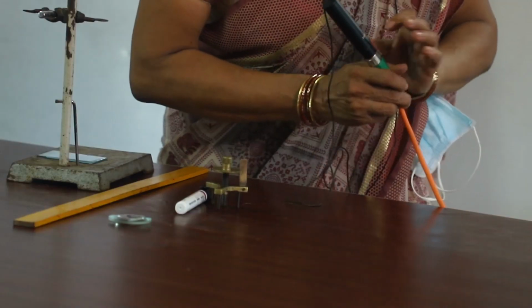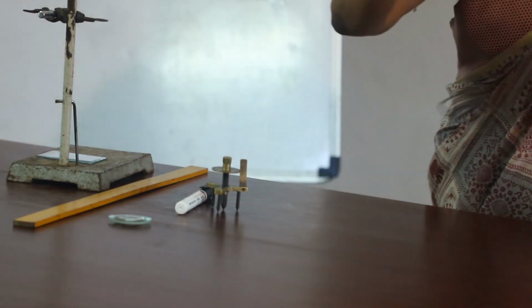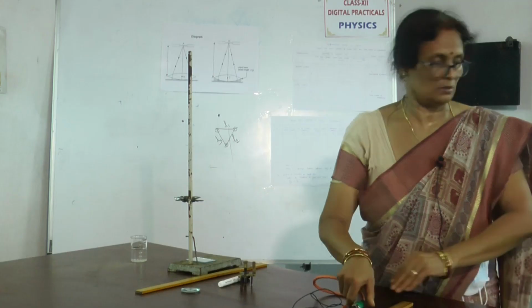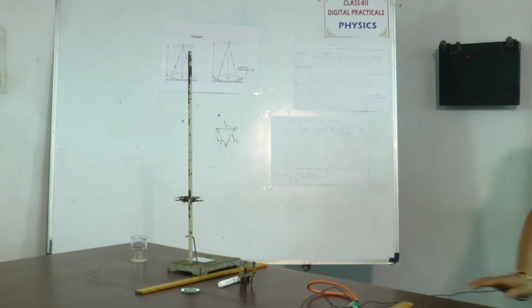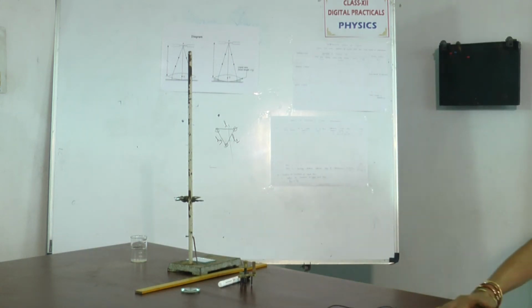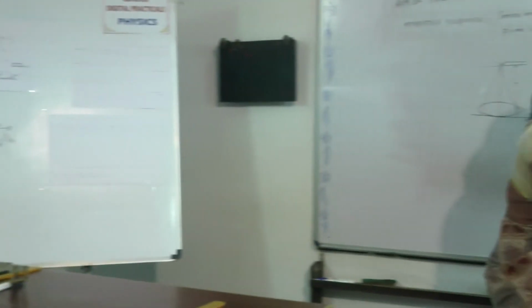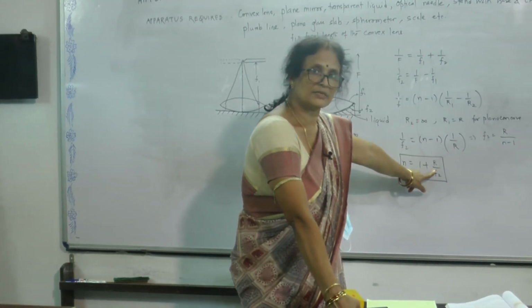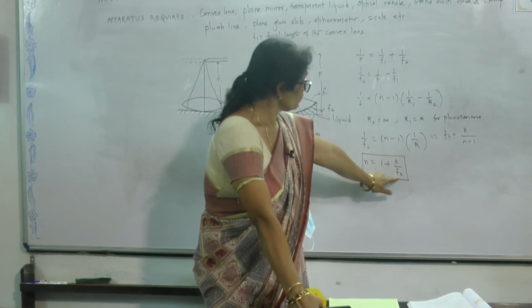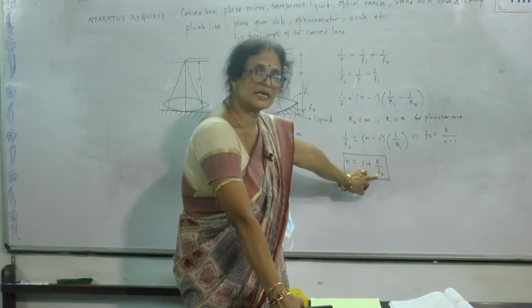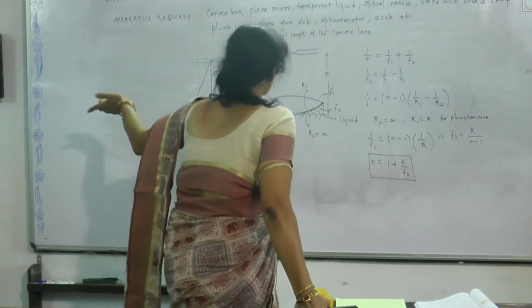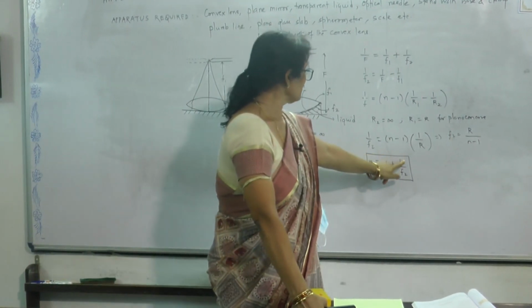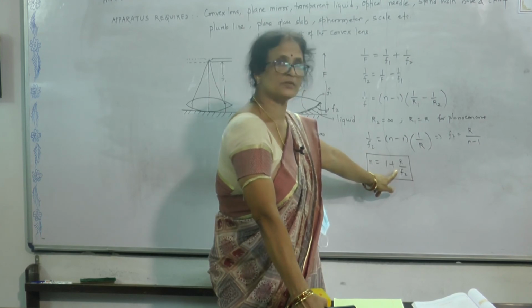Once you find the radius of curvature R, here 1 by f2 you will get a negative value. When we do the experiment, we will find 1 by f2 is negative. As it is a plano-concave lens, f2 is negative and the radius of curvature also will be negative. So the negatives will cancel and it will be positive.